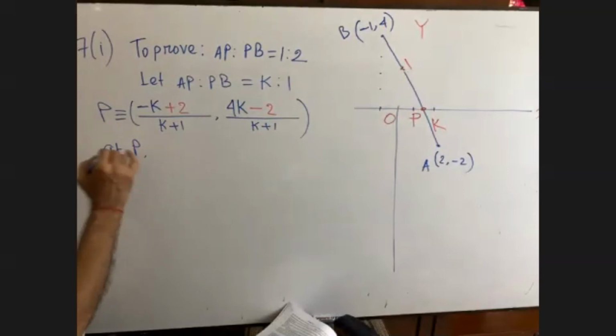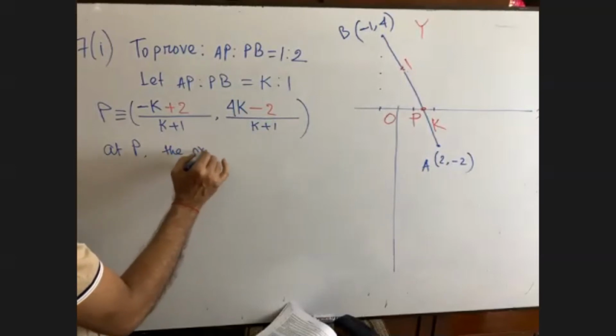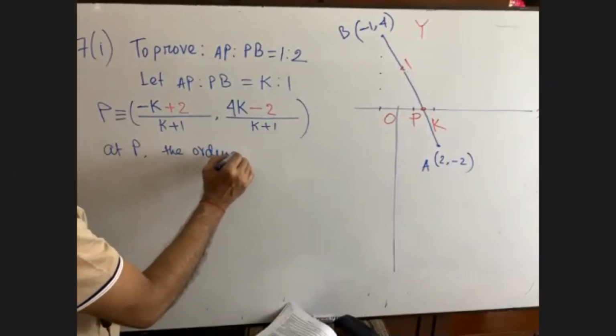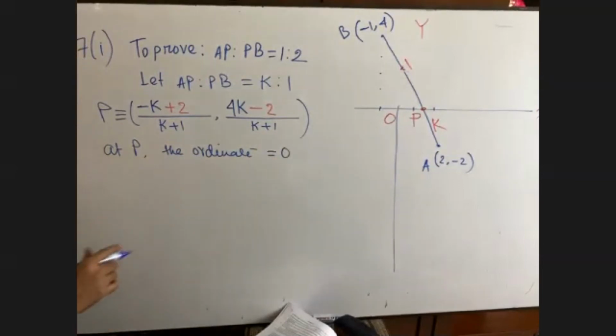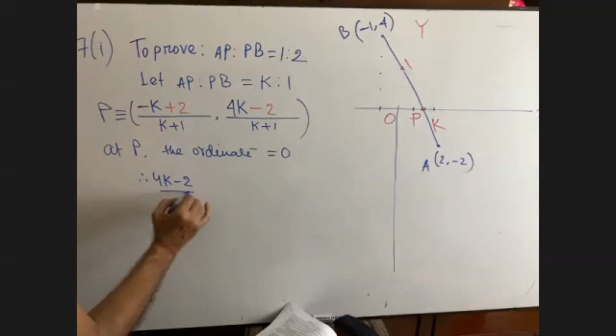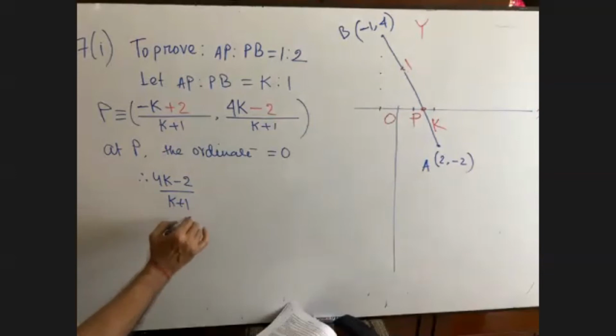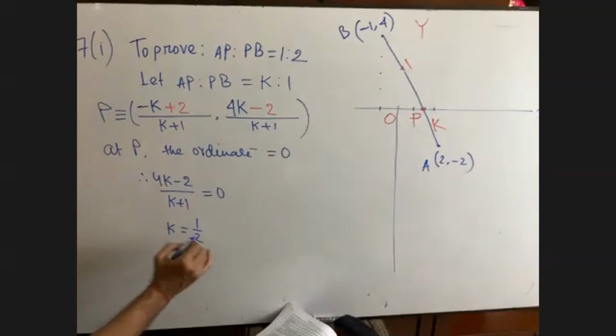At P, the ordinate is equal to 0. So what is the ordinate? This is the ordinate. Therefore, (4k minus 2) by (k plus 1) equals 0. So we are getting k equals half.